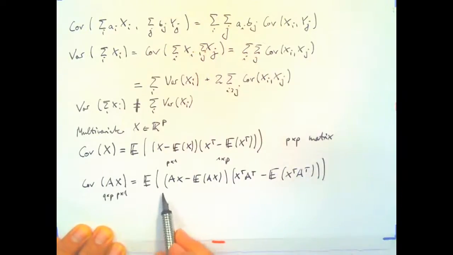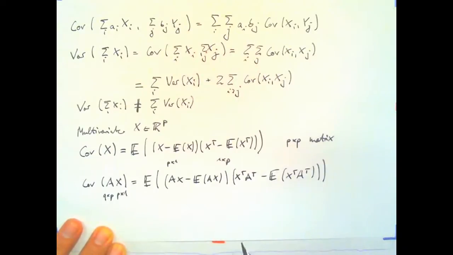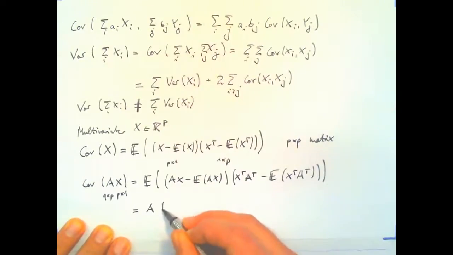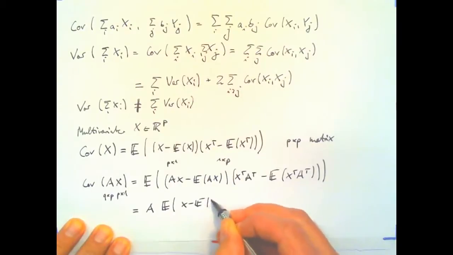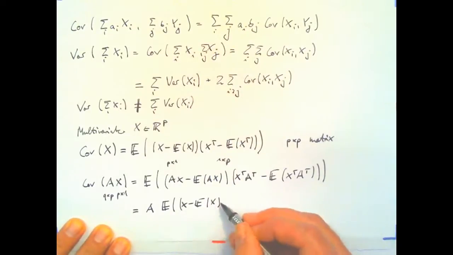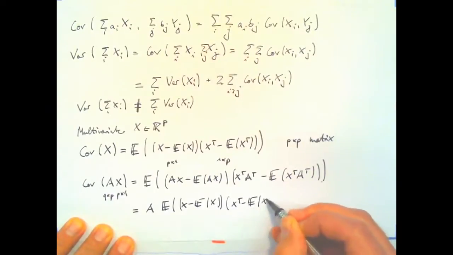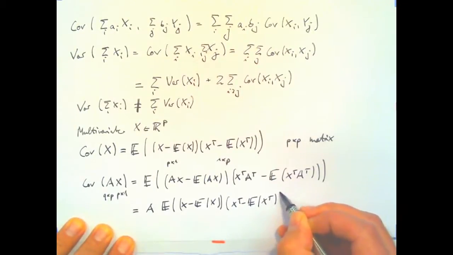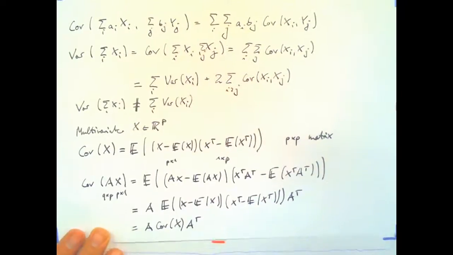And you see that on the left side I multiply with A, and from the right side I multiply with A transposed. So I can pull these out, and obtain the expression for the covariance that I had seen before. There you go.